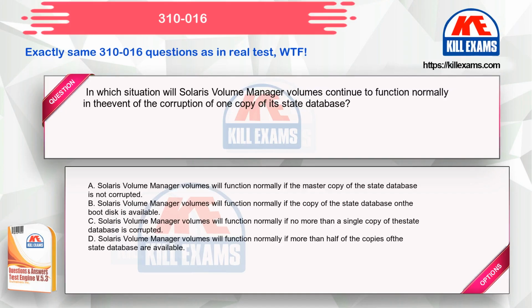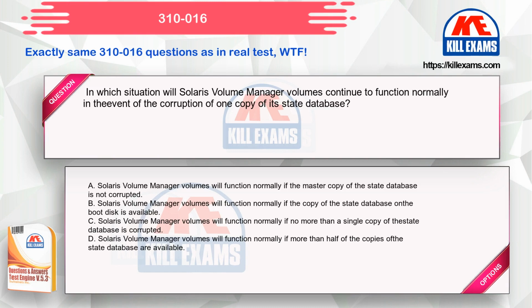In which situation will Solaris Volume Manager volumes continue to function normally in the event of the corruption of one copy of its state database? Option A. Solaris Volume Manager volumes will function normally if the master copy of the state database is not corrupted. Option B. Solaris Volume Manager volumes will function normally if the copy of the state database on the boot disk is available.